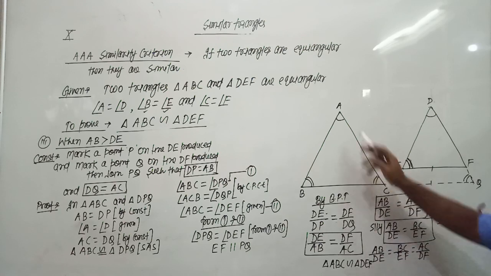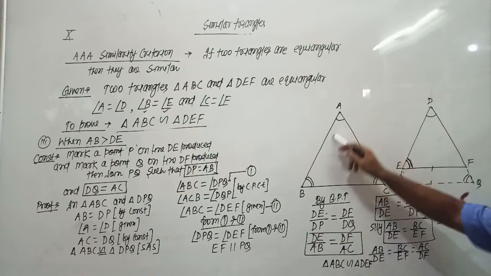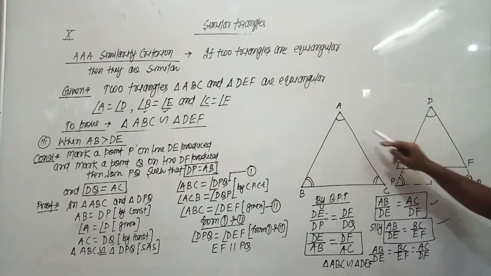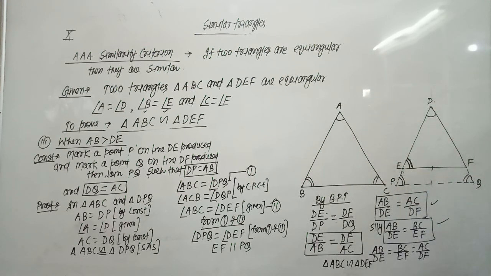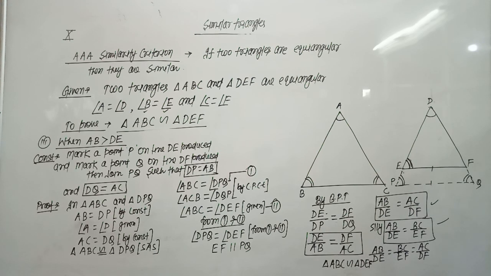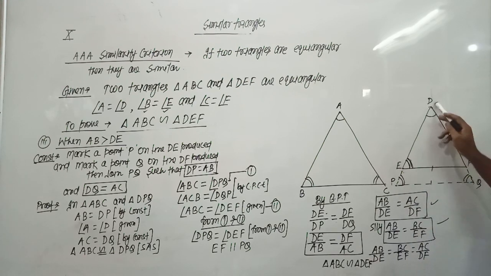Then in triangle ABC and triangle DPQ, AB equals DP, angle A equals angle D, and AC equals DQ. Therefore, these two triangles are congruent by side angle side. So angle ABC equals angle DPQ.